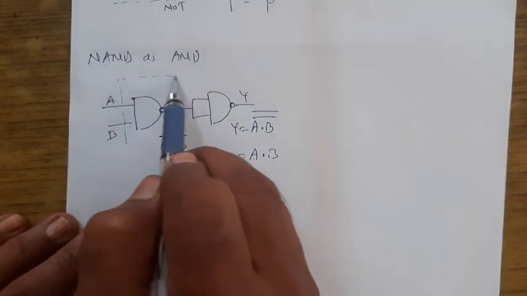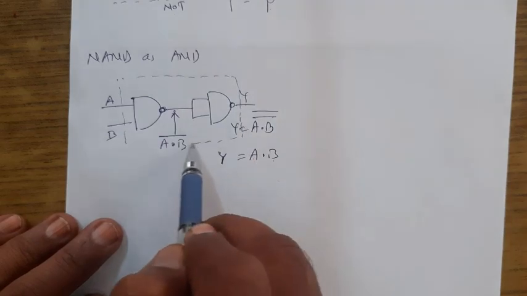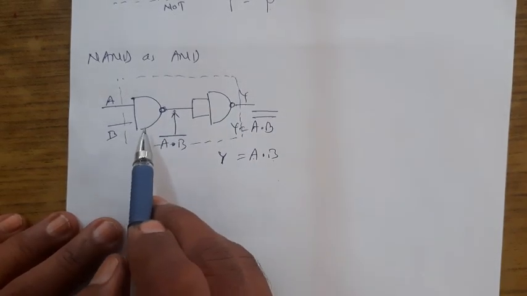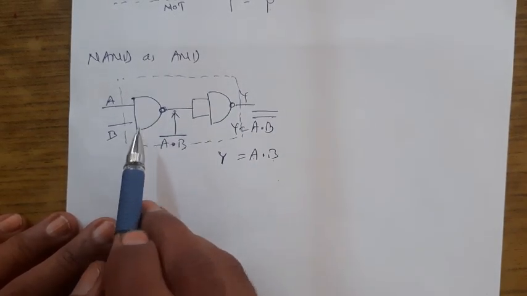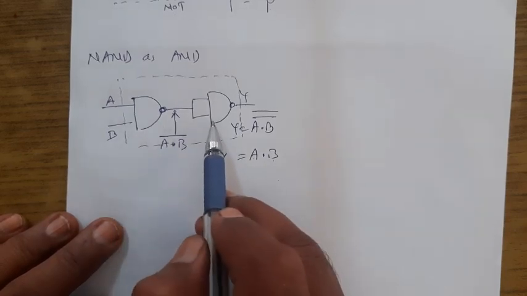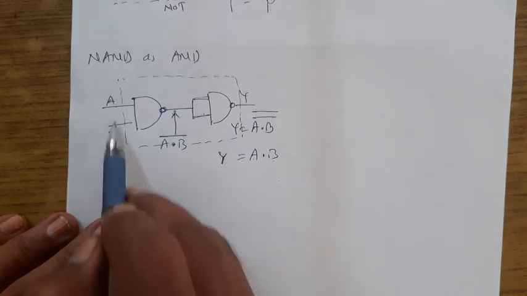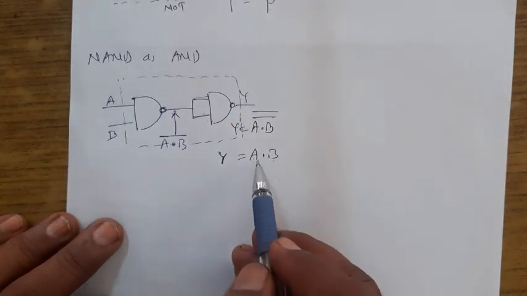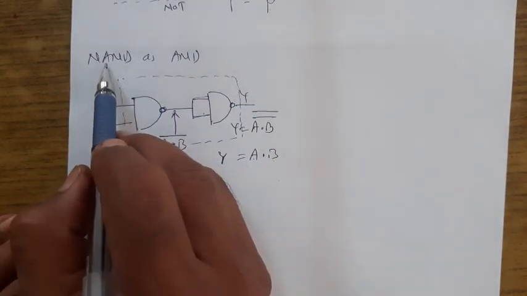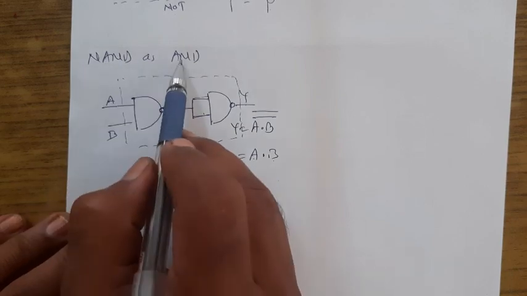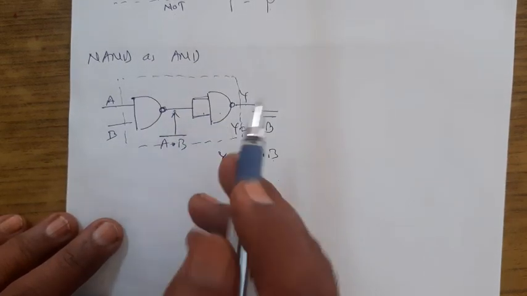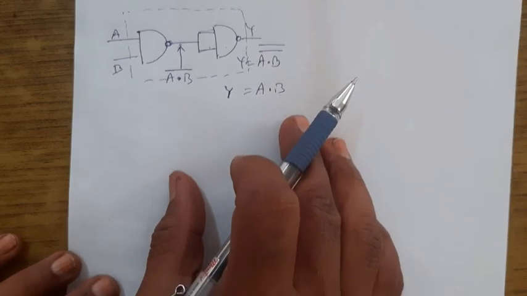Therefore this particular combination of two NAND gates, in which the first NAND gate is behaving as a NAND gate itself and the second NAND gate is behaving as a NOT gate, the entire circuit will work as an AND gate, and therefore I can say that this is how we can use the NAND gate as an AND gate. We need two NAND gates to implement the AND gate.